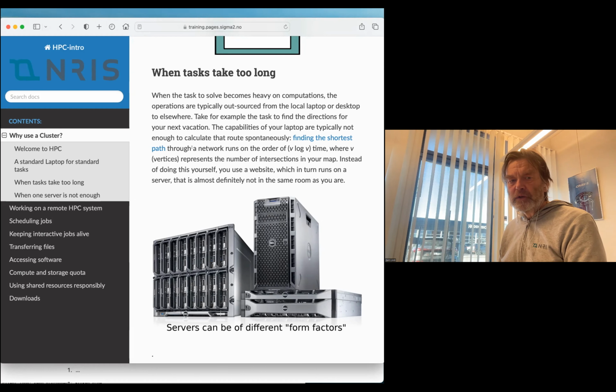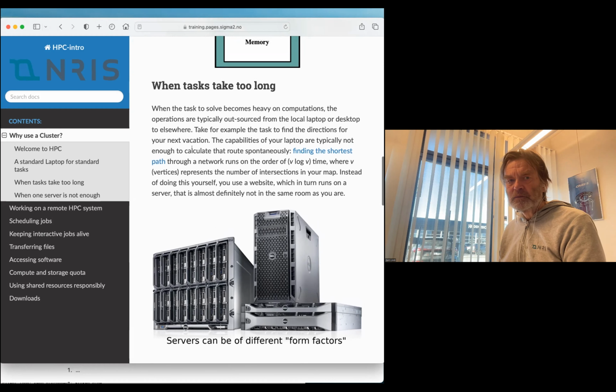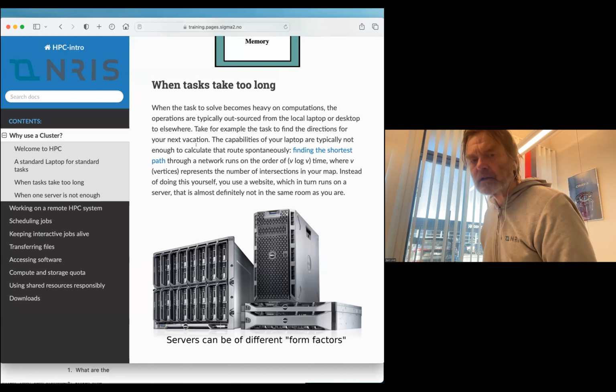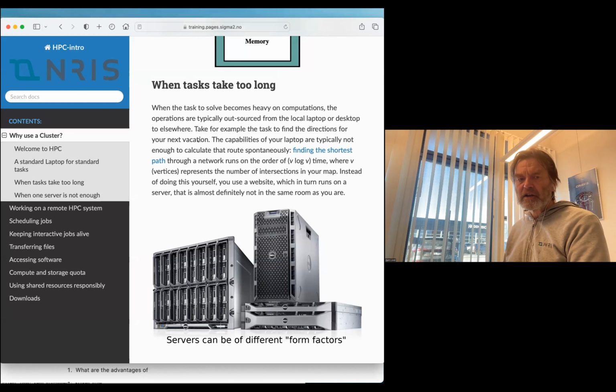But these servers don't come with input and output devices like a laptop. So we need to access them in a different way than we do with a laptop, which has a keyboard and a mouse and a screen attached to it.